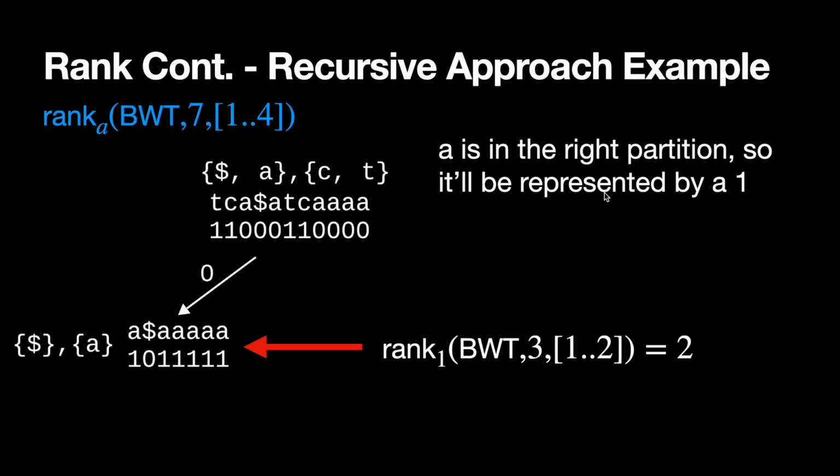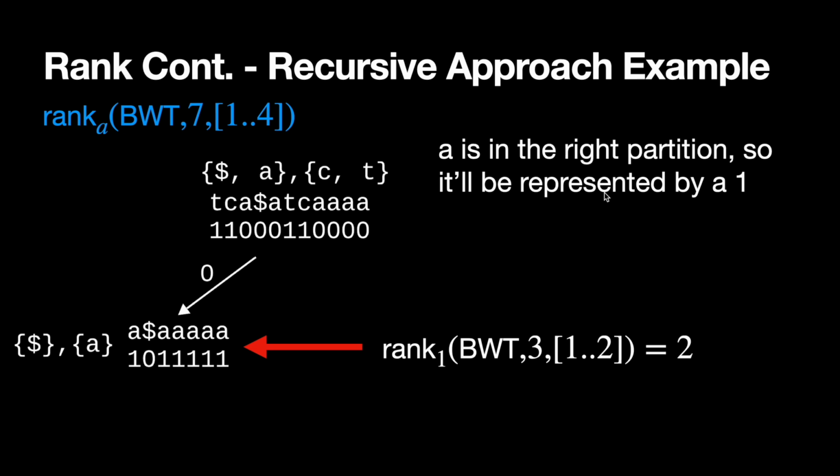So why 1 and 2? Because $ and A are the first 2 characters in the overall alphabet. This is just a way of describing what node we're looking at the moment. This node is representative of this subset of the alphabet from index 1 to 2. And we pass in 3 here.